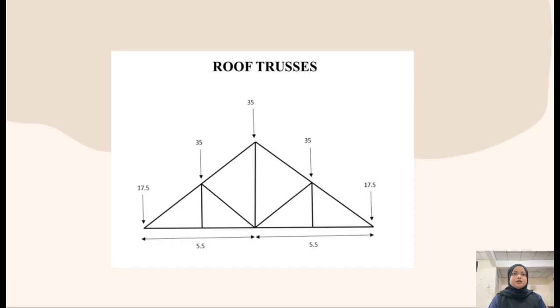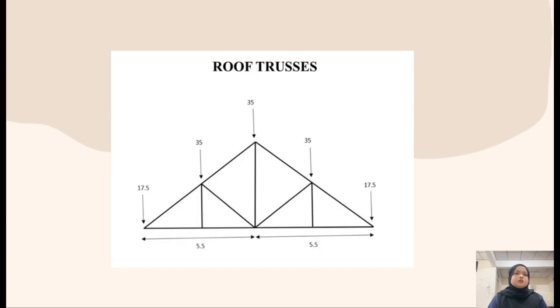So next, in this diagram, we can see a roof truss arrangement consisting of several key components such as the bottom chord, diagonal members and vertical members. This structure is designed to efficiently distribute loads from the top down to the supports. Each section at the base of the truss measures 5.5 meters, giving a total span of 11 meters.